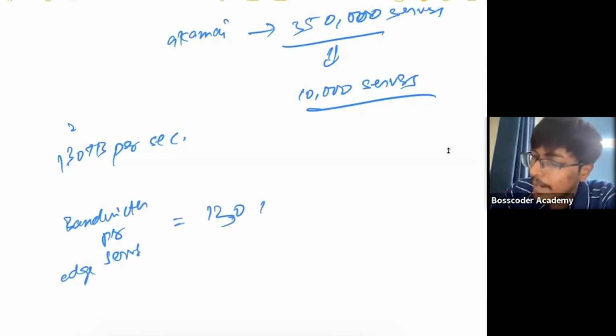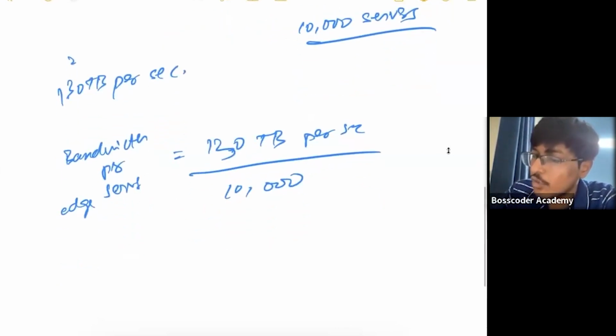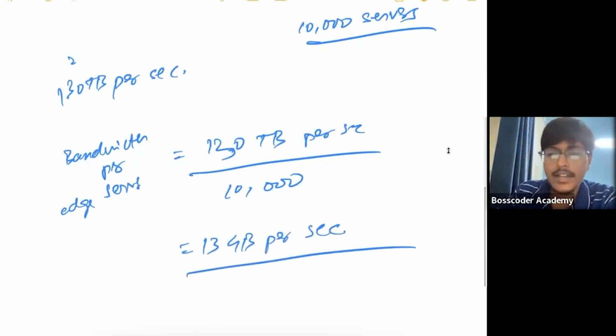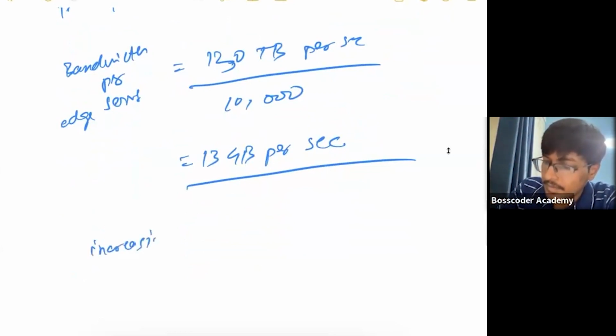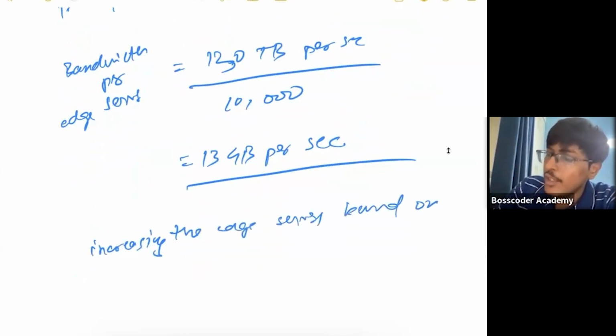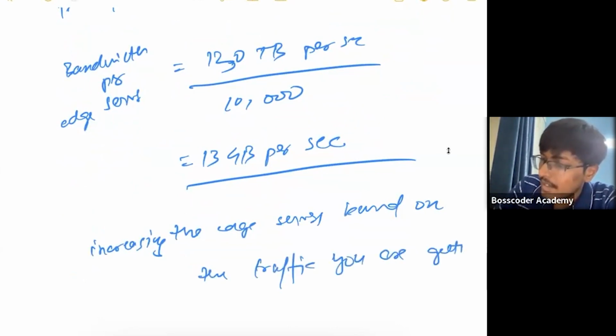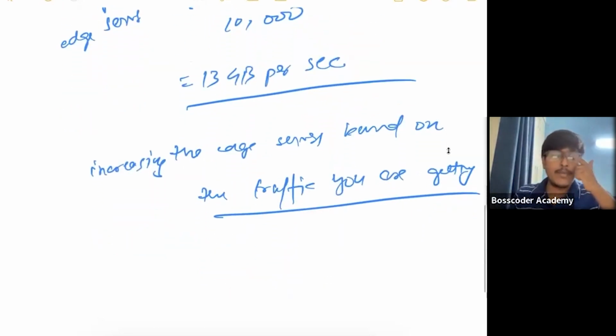It will be 130 terabyte per second divided by 10,000, which becomes 13 gigabyte per second. So you can keep on increasing the edge servers based on the traffic you are getting, and each edge server will be able to handle that. For each edge server, the bandwidth requirement will be less.